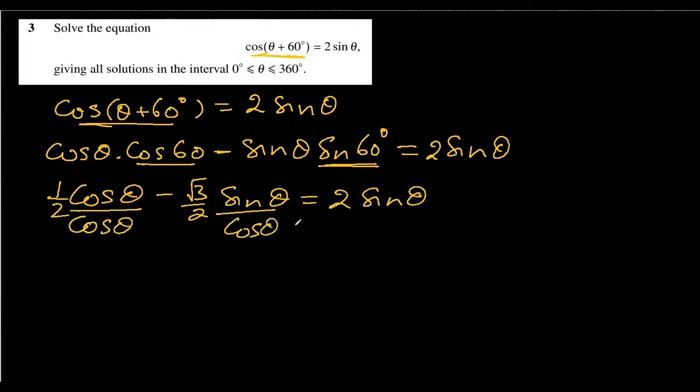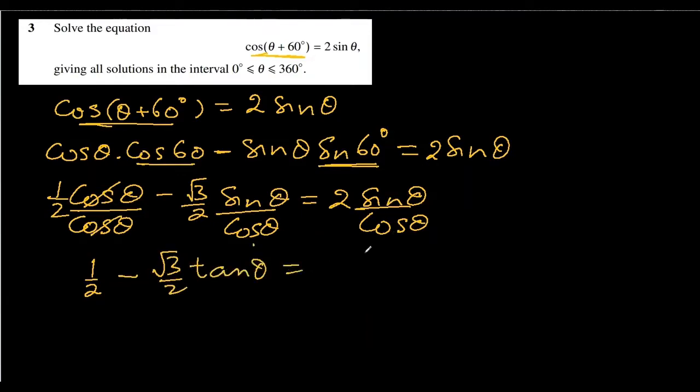So here as well, here. Alright, cos and cos will cancel here, so we are left with just half minus square root 3 over 2 sine over cos, tan theta, equal to sine over cos again, tan theta. We can combine these two now. So let's bring this to the right side.